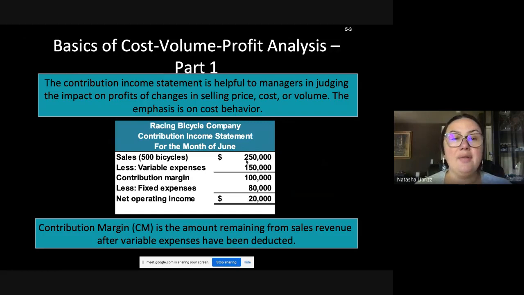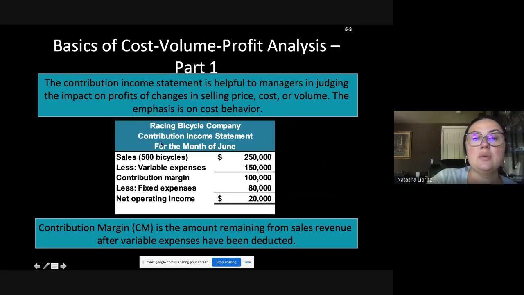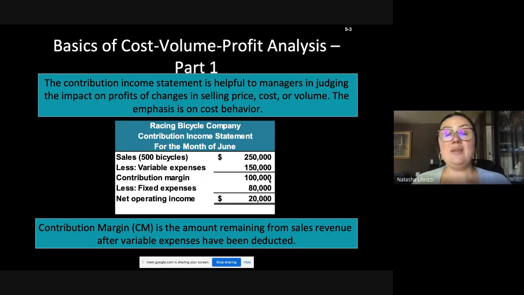So what we have here is a racing bicycle company. If you can see my mouse moving around, the contribution income statement is, you remember, sales minus variable expense minus fixed expense. This is not to be mixed with a GAAP income statement, where we have sales minus cost of goods sold. Here we're dealing with a contribution margin, and contribution margin is the amount remaining from sales revenue after variable expenses.